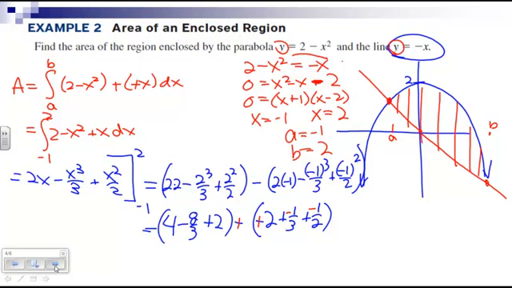Let's total it up. 4 plus 2 is 6, and 6 plus 2 is 8. 8 thirds minus negative 8 thirds minus another 1/3 is negative 9 thirds, which is a minus 3. And then we've got an errant negative 1/2 running around there. That's 5 minus 1/2, 4.5, or 9/2.